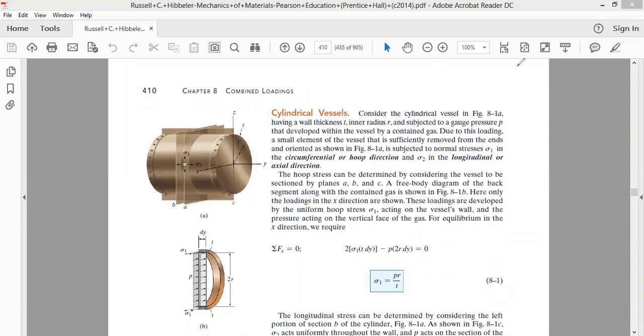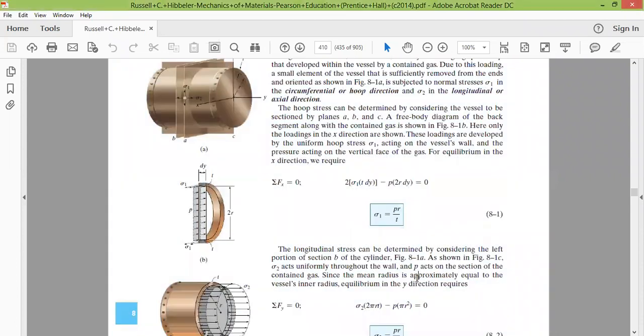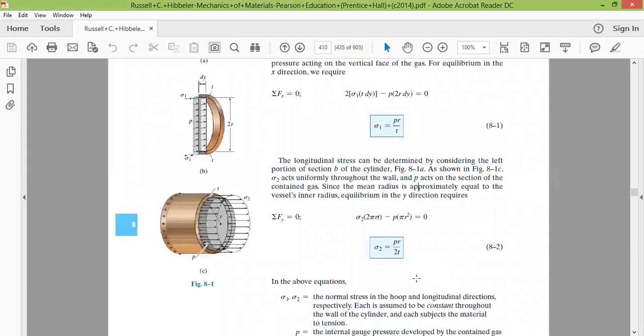Now, apart from obtaining this hoop stress or circumferential stress, we also obtained the expression for the longitudinal stress, which is trying to cause the increase in the length of the machine element.